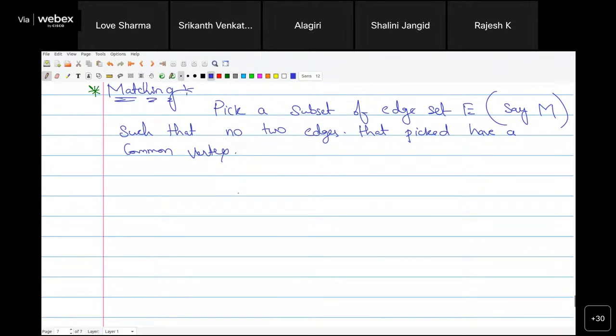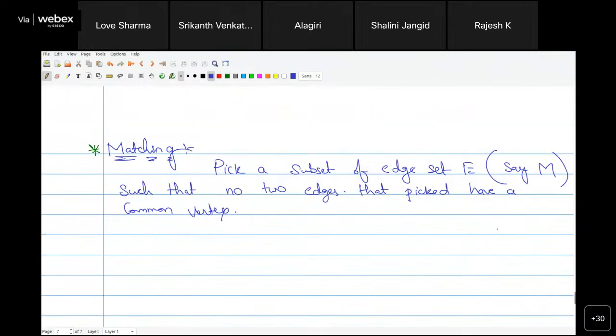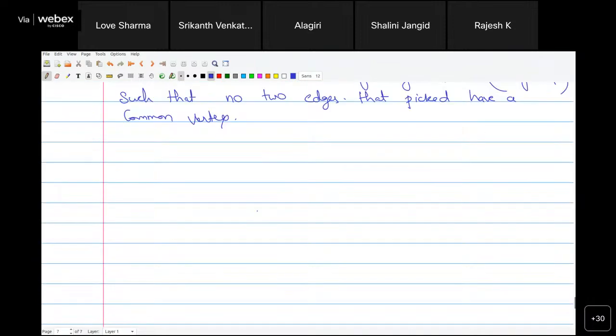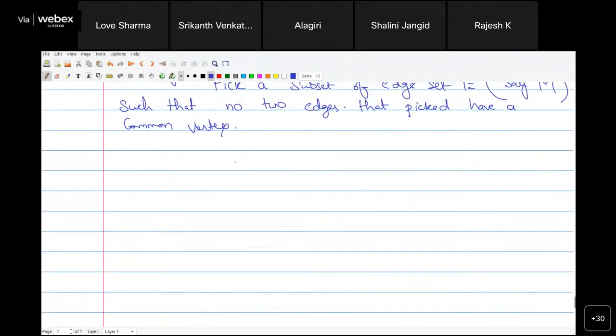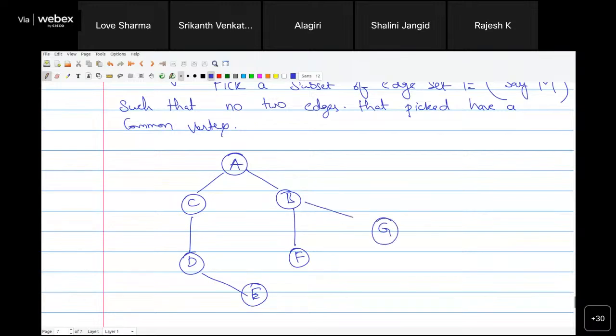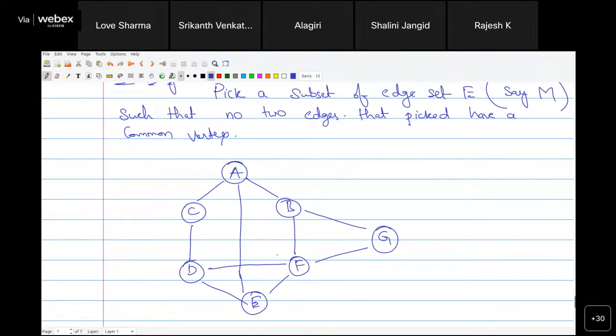So let me take the same example. Let me redraw it. So A, B, C, D, E, F and G. Okay, so this is the graph.